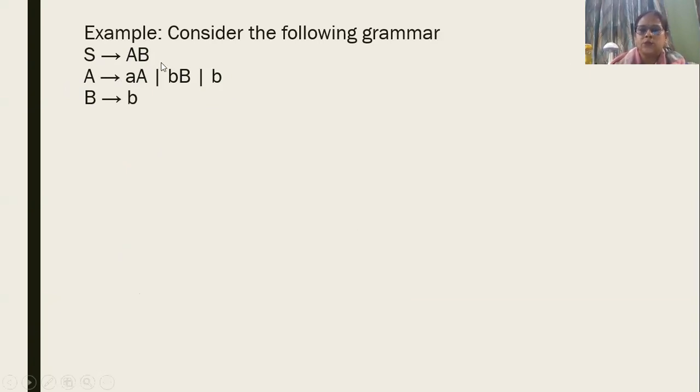Now, in such a situation, the approach that we took earlier is not going to work. What we can do over here is substitute for this variable A, and if we do that, then we will get this production also into the required form.